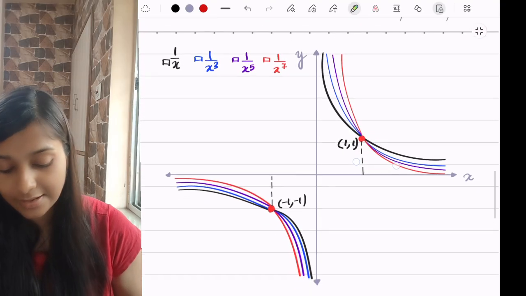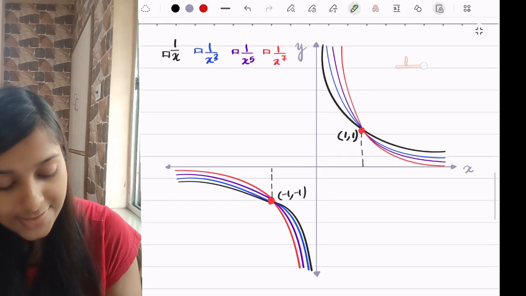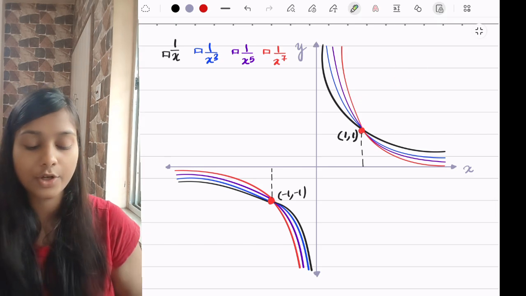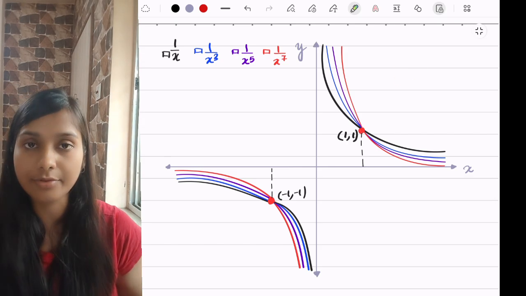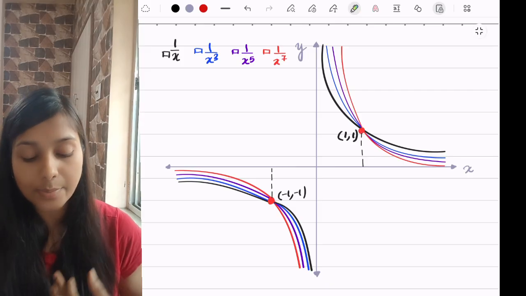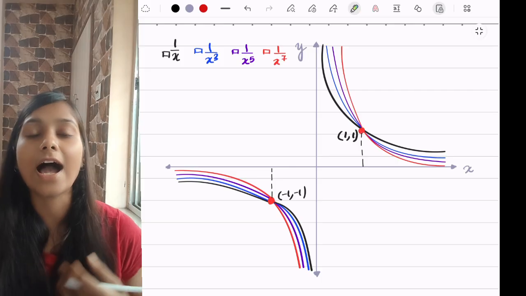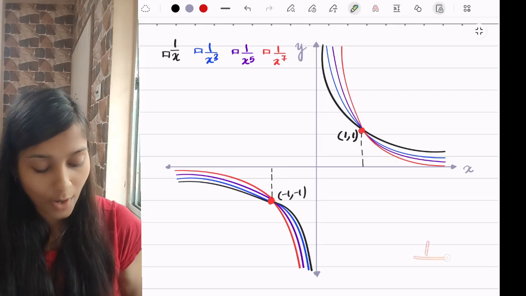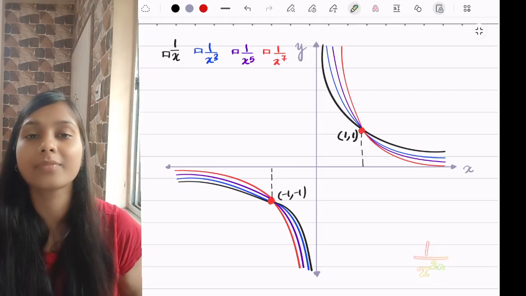So, these are the graphs of the general function which has the form 1 by x power 2n minus 1. If such a graph is given, I hope you can plot these graphs, and in the next video, I'll be discussing another general kind of graph, which is 1 by x power 2n.